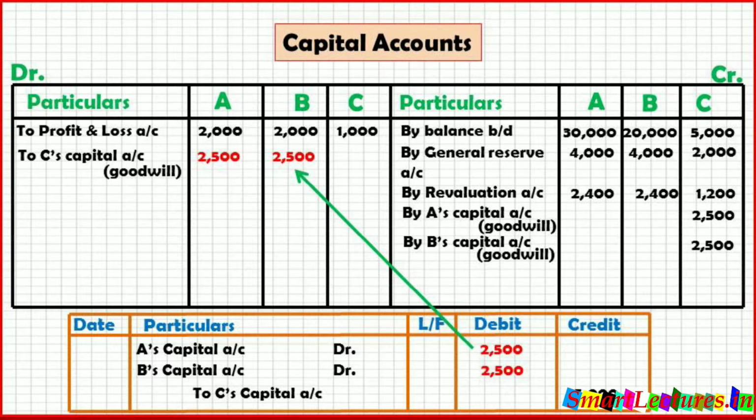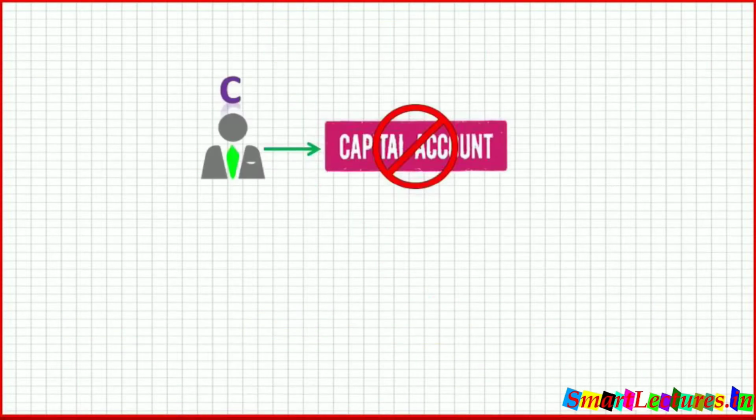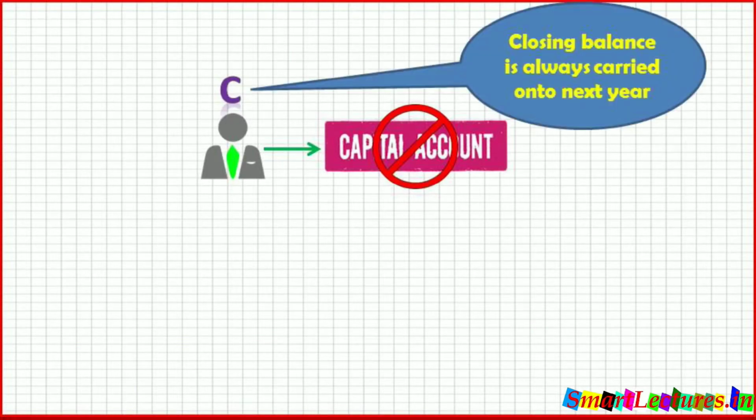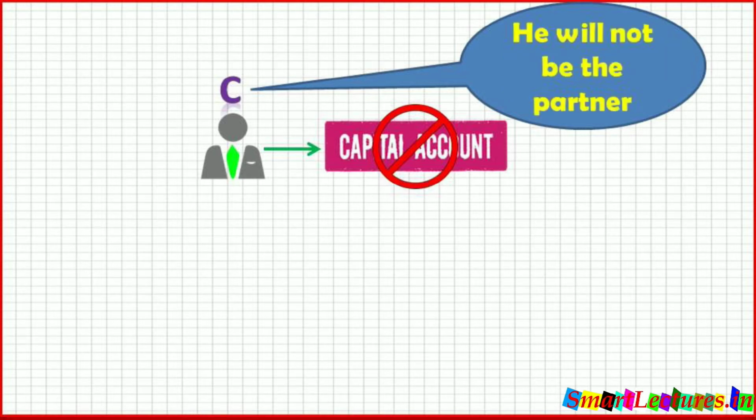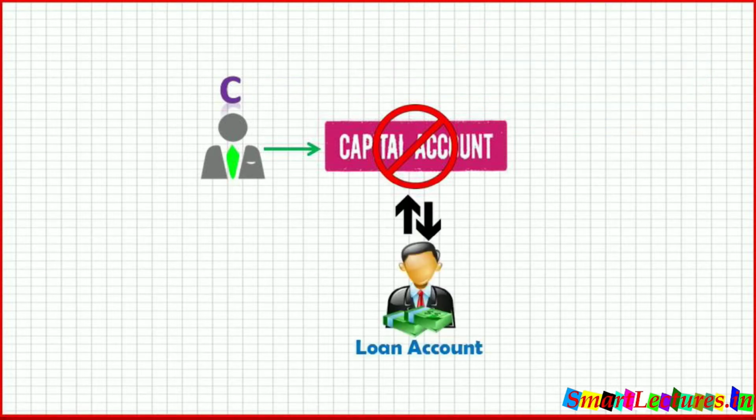Now, first of all, we have to close C's capital account. We cannot write down to balance CD, meaning the closing balance, because closing balance is always carried on to the next year. We cannot carry C's capital account to the next year because after today he will be no more a partner. So we have to close it and we have to transfer the balance to loan account.